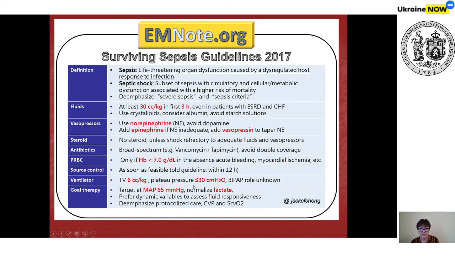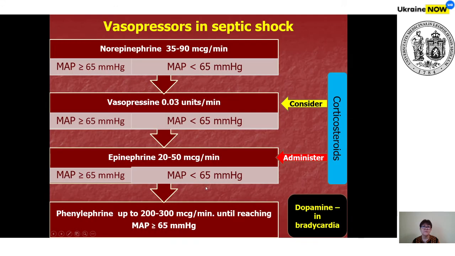Role of BiPAP is unknown. And goal therapy, targeting mean arterial pressure 65 millimeters of mercury and normalization of lactate. Prefer dynamic variables to assess fluid responsiveness that emphasize protocolized CVP and central venous saturation.